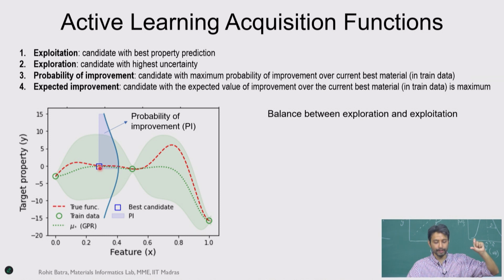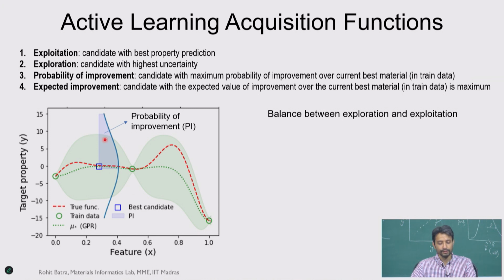But along with the mu cap, I also have a distribution, and this is how my uncertainty distribution looks like, the blue line. Which means there is a large variance sigma associated with this blue point. Why should this be large? Because it is far from both the training data points. If I look at this side, say at 1.5 x value, there also the uncertainty will be large.